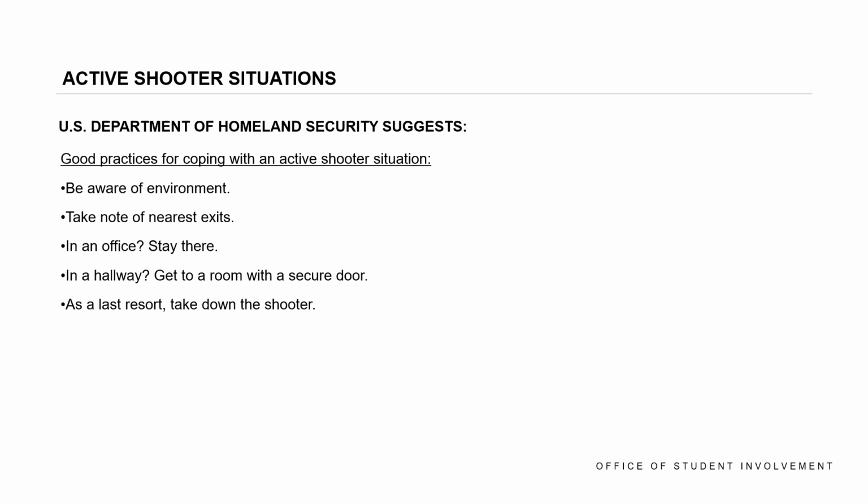Evacuate the premise. The second step, hide out. If evacuation is not possible, find a place where the shooter is less likely to find you. Step 3, take action against the shooter. This is a last resort, one where life is in imminent danger or there is an attempt to disrupt or incapacitate the shooter. Again, this is only taken as a last resort.